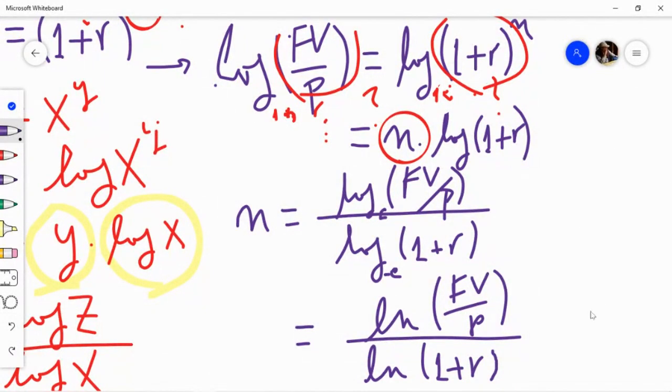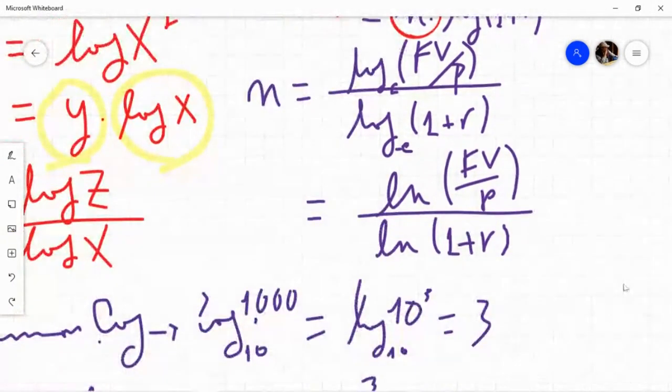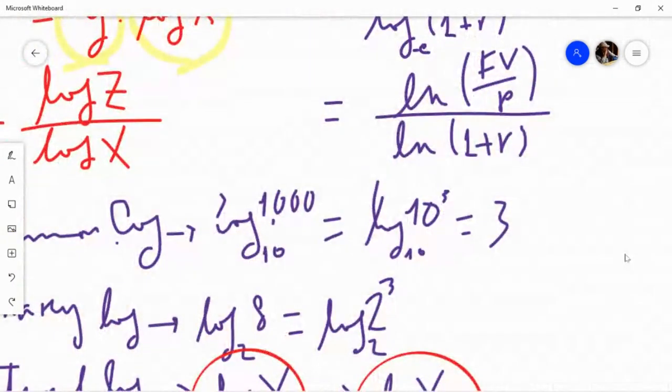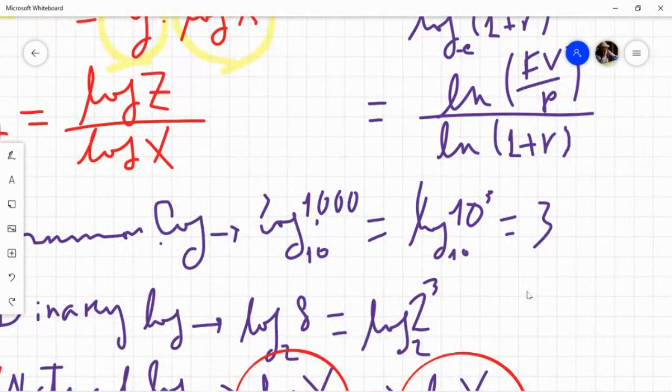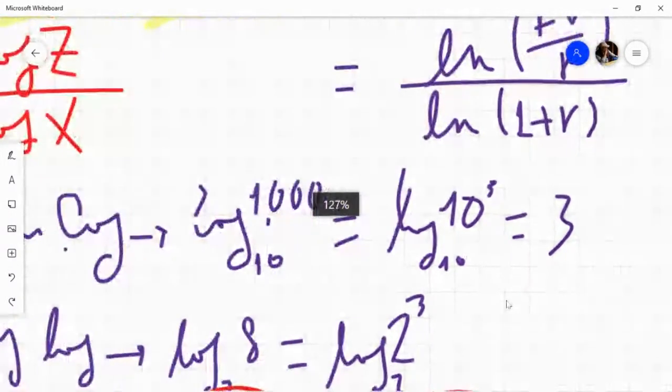All right, then I'm going to come back to Euler's number later, but let's go to our example, and let's do the exercise.